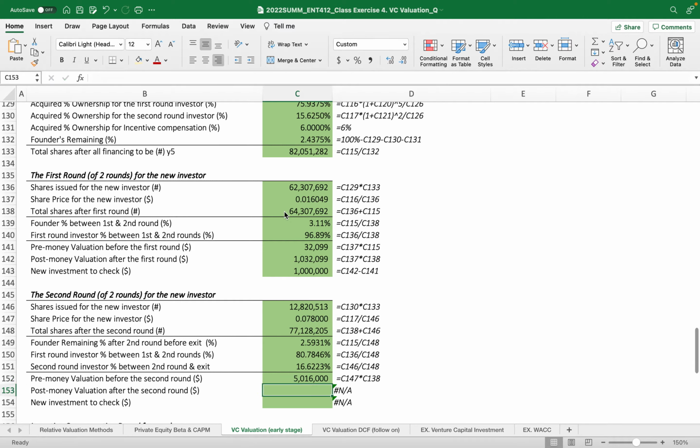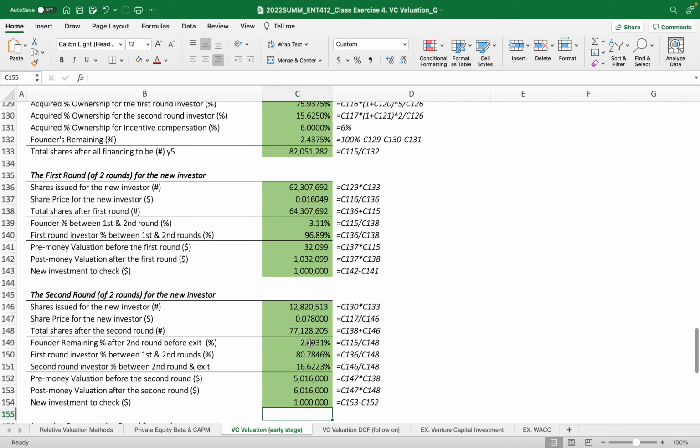So 5 million, $16,000 was the pre-money valuation, right? But for the post-money valuation, now the price per share times we have to apply. This is 77 million, including the shares issued for the new investor at the second round. So let's double check if we are correct.